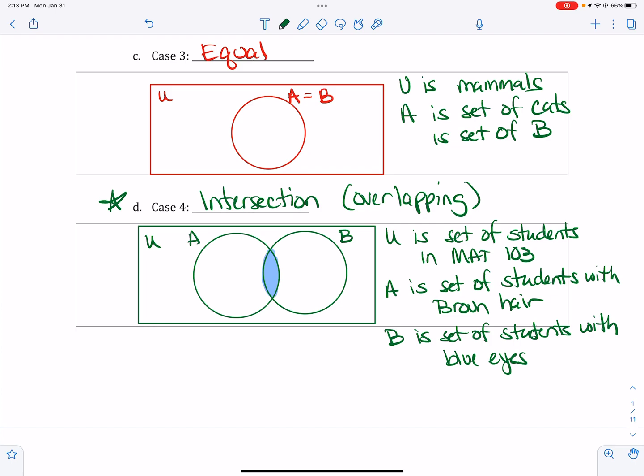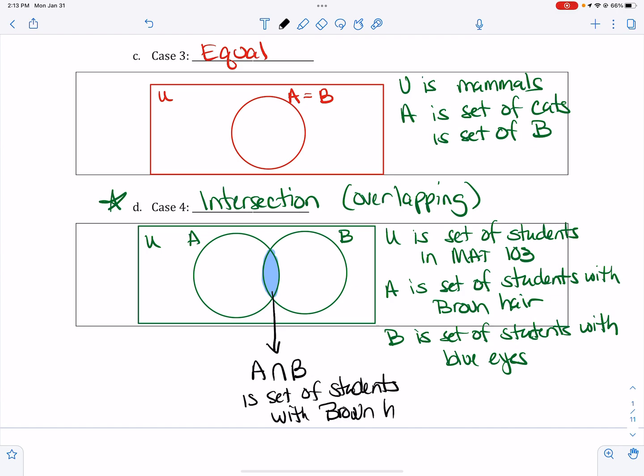Okay, so this right here, this intersection, A intersect B, and that's how we're going to say, is going to be the set of students with brown hair and blue eyes. Okay, so that's how we write intersection. So we're going to be looking at some sets that actually are going to be using that information.